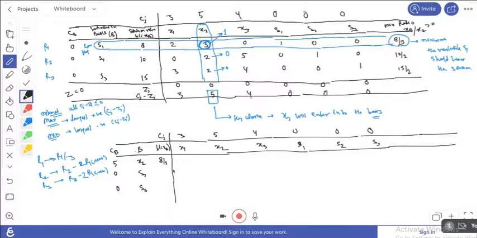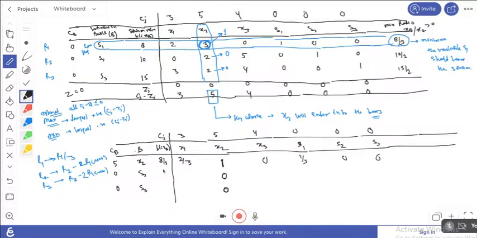Okay, so now we make this entry 1 by using row operations. So this entry is 1. Here this is 2 by 3, 2 by 3, and here this is 0, this is 1 by 3, this is 0, and this is 0. By using row operations, we make this entry 0, and here this entry is 0 as well.